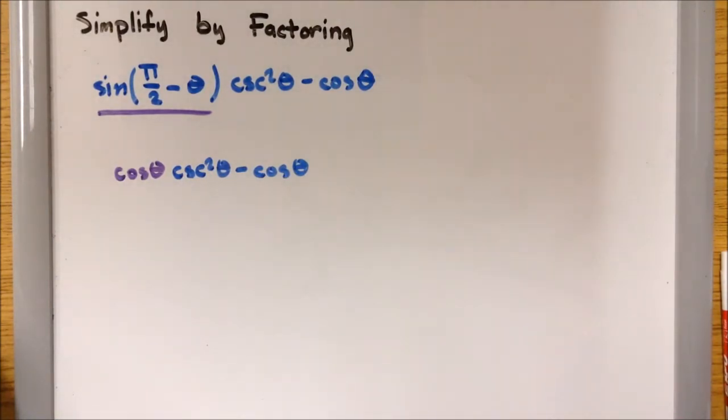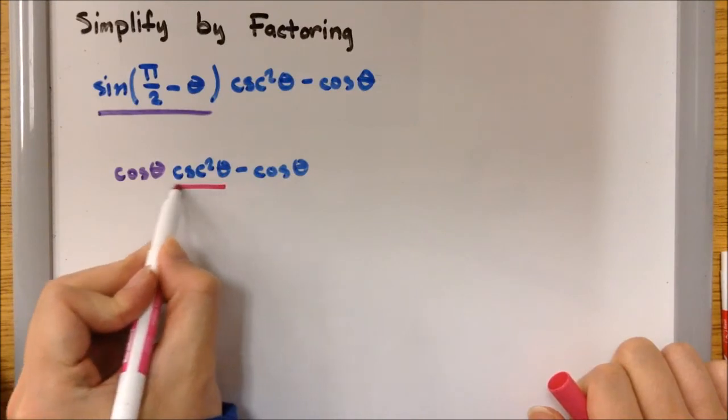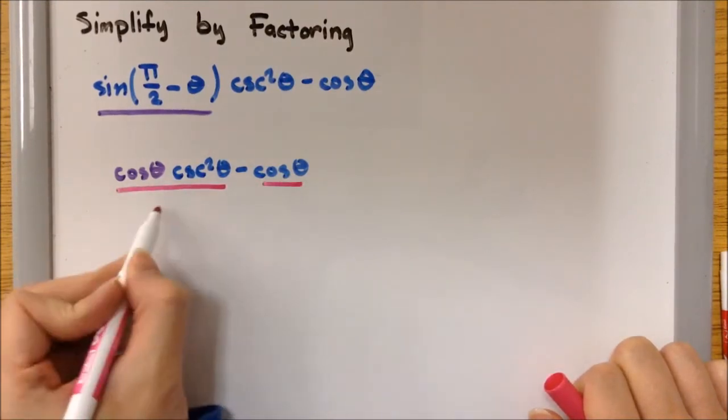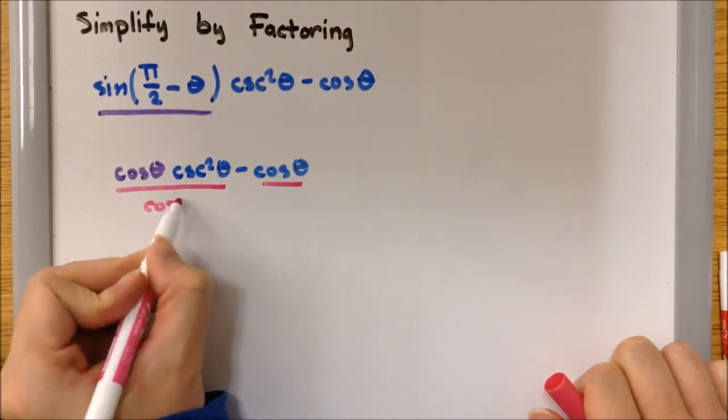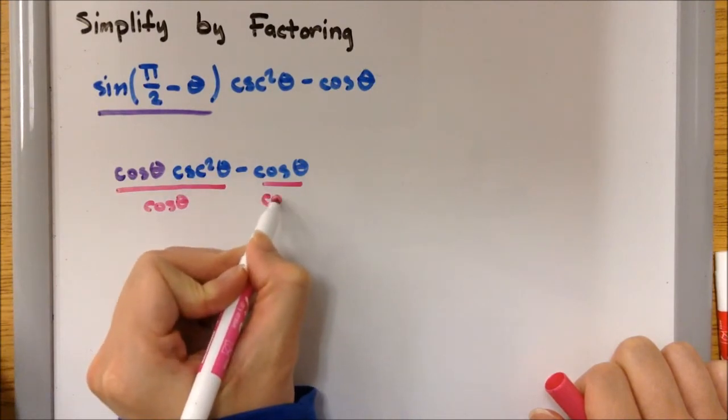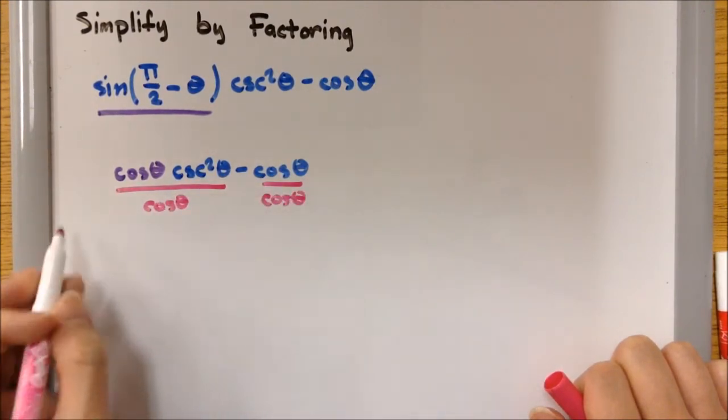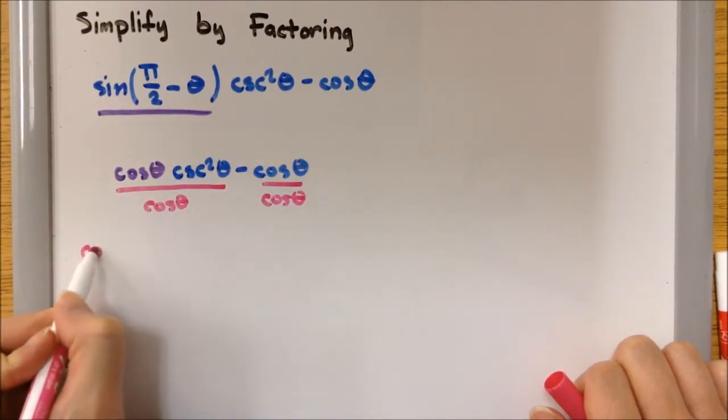Now, just like the last example, I'm going to factor out. They both have cosine, so I'm going to divide both parts by cosine. Again, it does not go away. I'm just dividing, so cosine will be on the outside, the common factor.